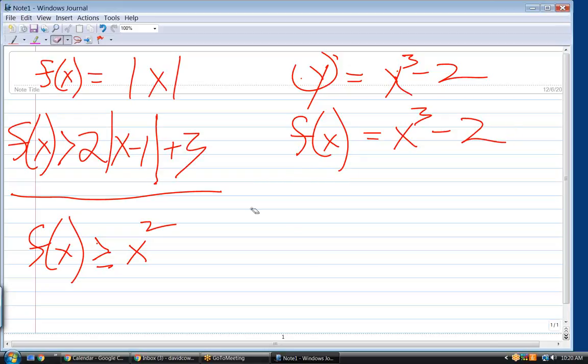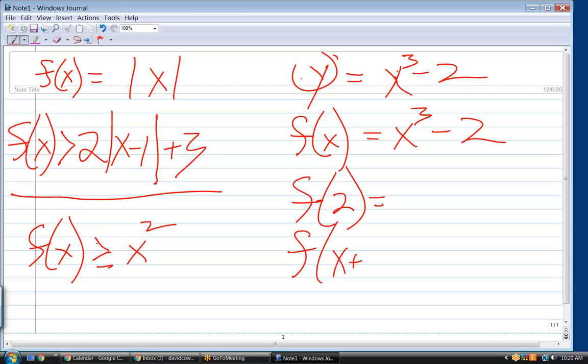Well, there's another advantage. I can now say, well, what is that function evaluated at 2? And what is it? 8 minus 2? Correct. Now let's go into calculus where I have to answer this question: what is that function evaluated at x plus h?